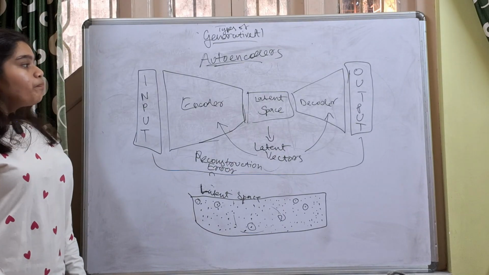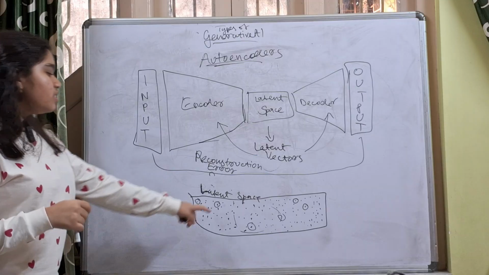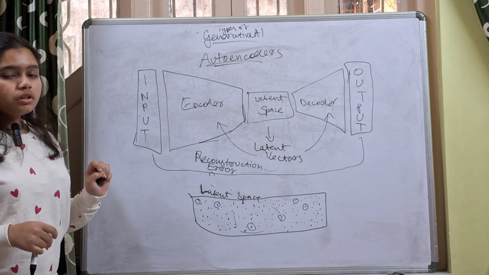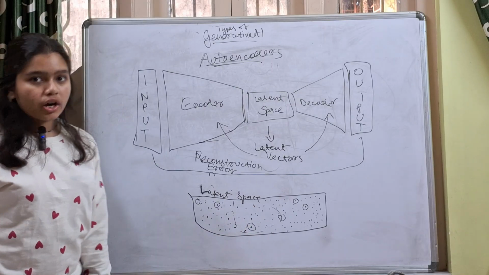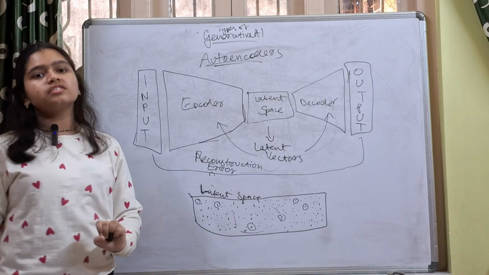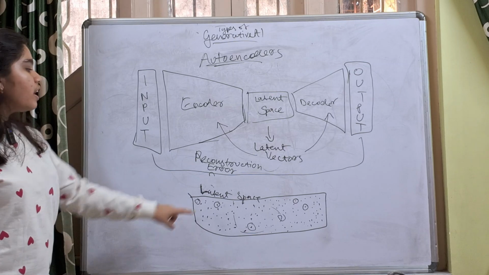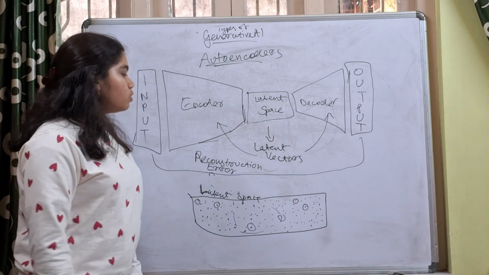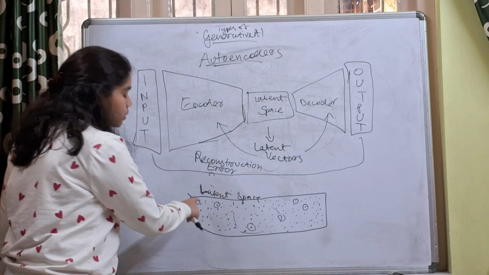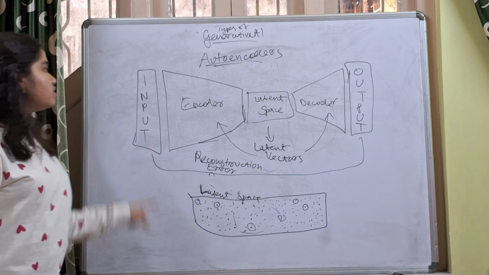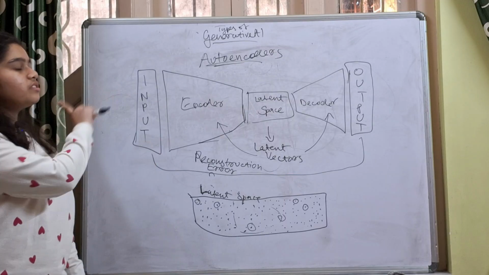That means if the decoder uses this to reconstruct the image, it's going to be garbage, because these points contain nothing but junk. Only the circled points contain the essential information, right? So the decoder cannot use the others, it has to use only these points. Now if it only uses these circled points, it will get the same output as the input.